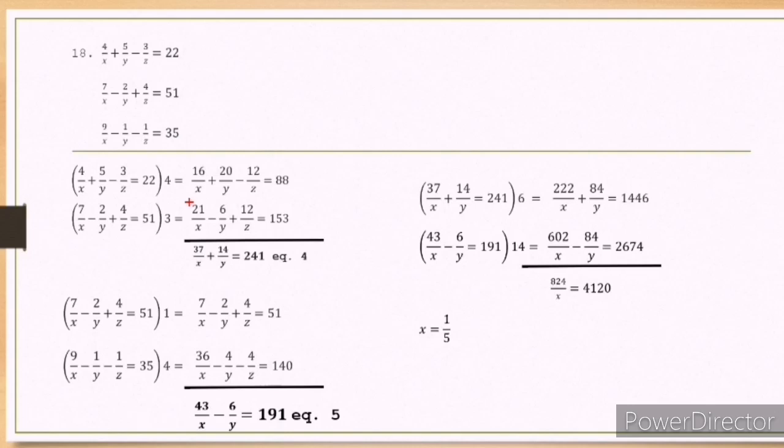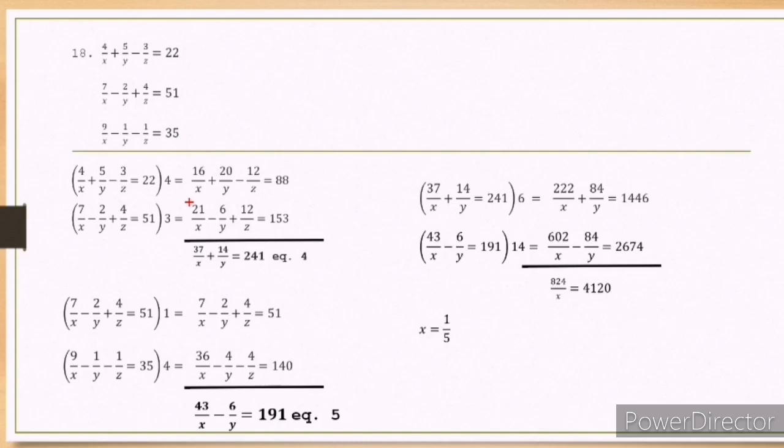Then multiply the first equation by 4: 16 over x plus 20 over y minus 12 over z is equal to 88.